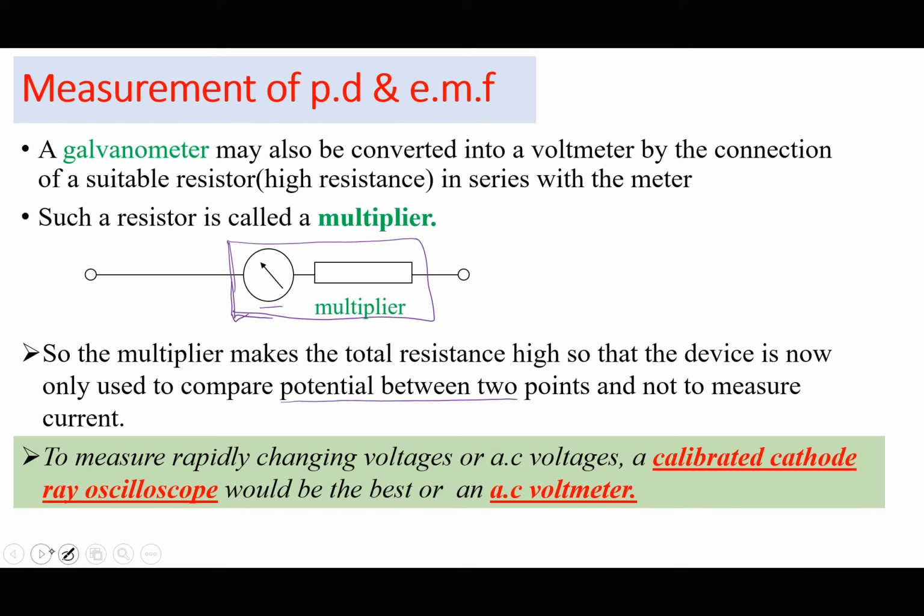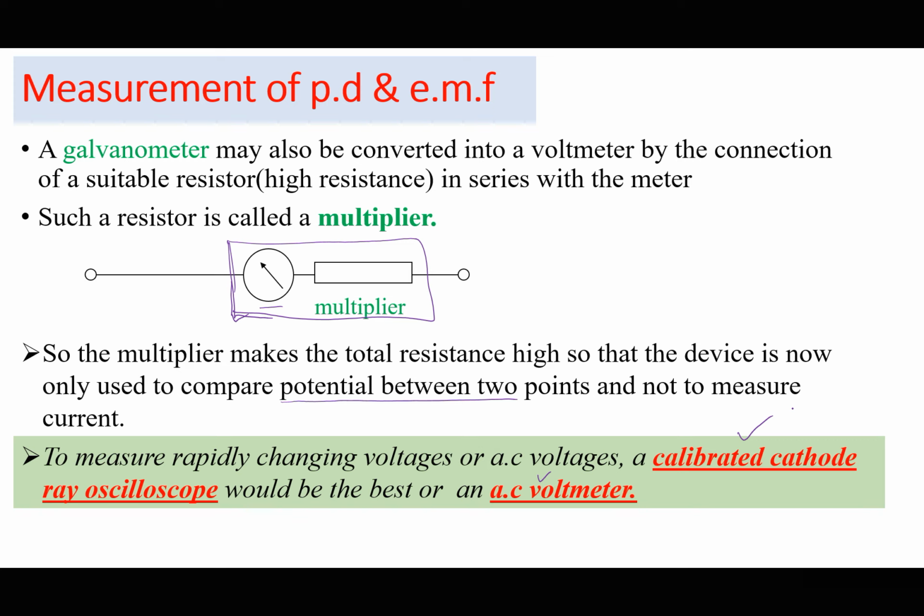We saw that for an alternating current, we could use the AC ammeter. For alternating voltages, we can use the AC voltmeters. You can't use an analog voltmeter that we have already seen to measure current, which changes direction, or voltage, which keeps changing direction. So we can use the AC voltmeter, or we can use the calibrated cathode ray oscilloscope.